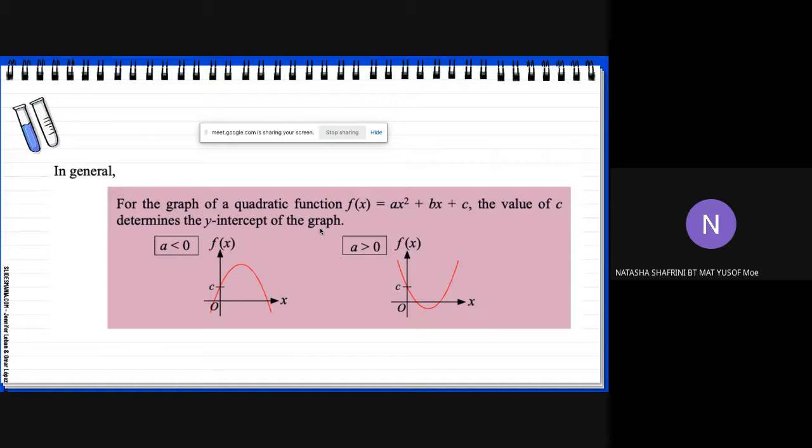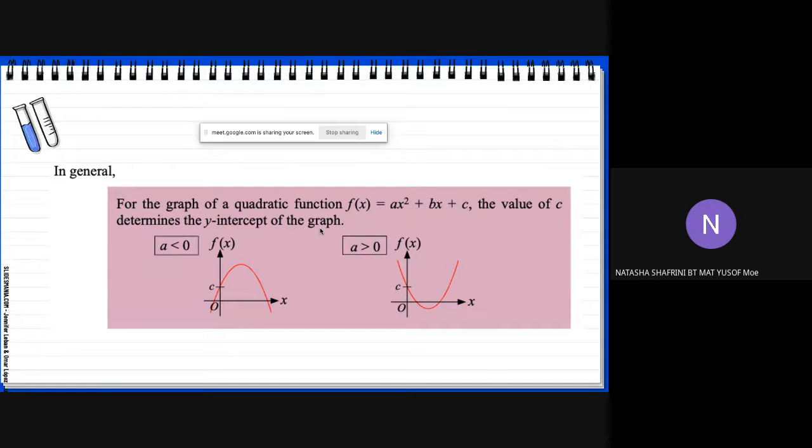So maksudnya kalau you ada quadratic function, cikgu bagi contoh quadratic function. Okay, kalau you ada fx equal to x square minus 4x plus 1. Okay, apa dia punya value y-intercept? Pintasan y dia apa? Yes, plus 1. Kalau cikgu ada gx equal negative x square plus 2x minus 4.